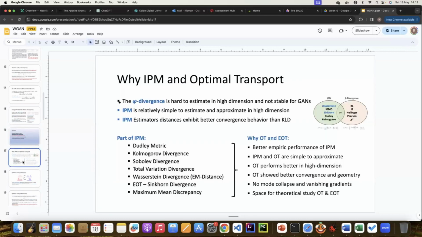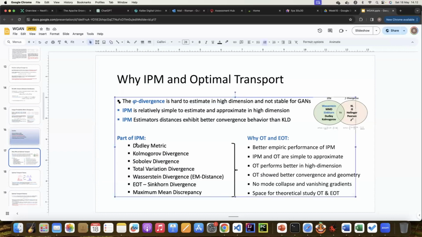So there are many distance metrics in IPM, like Dudley, Kolmogorov, yeah. Lately, there is a Kolmogorov network proposed by Microsoft Research, a multi-layer perceptron that has a better interpretation, called KAN, in 2024.